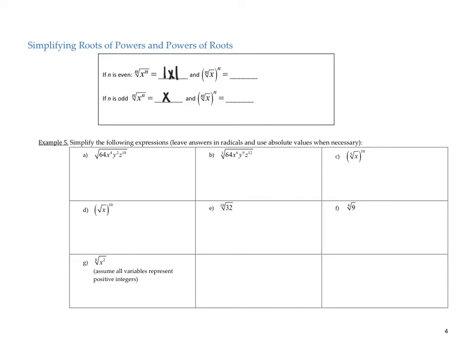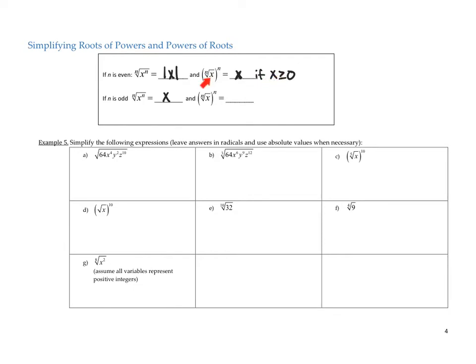Now if we do it in the opposite order, so if we take the nth root of x and raise that to the nth power, this will also just give us x, even though it's even, so long as x is positive or 0. And the reason this is important is in order to be able to take an even root, the x before we even start has to be greater than or equal to 0.